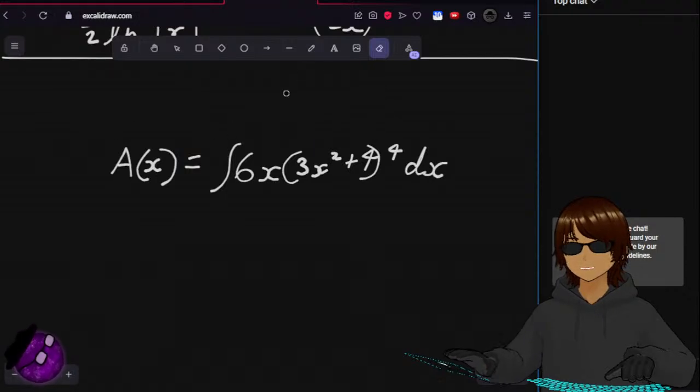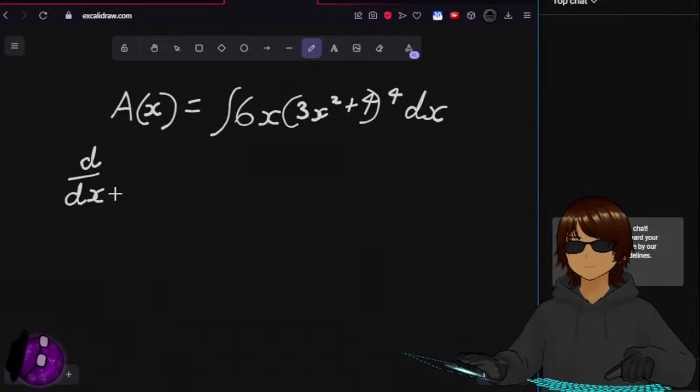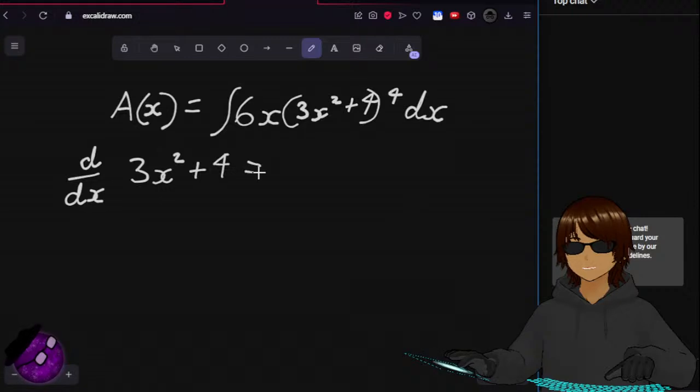Let's erase this. So the derivative of 3x squared plus 4 is 6x.